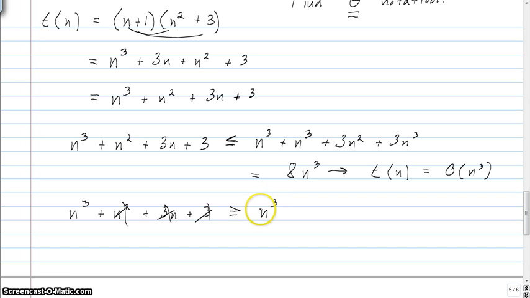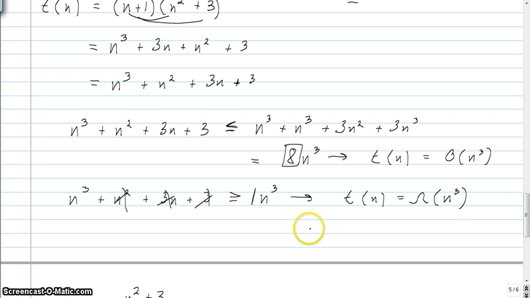My constant up here was 8. My constant down here is just 1. That tells me that my function is omega of n cubed. And if I have big O and omega, then that tells me my function is theta.